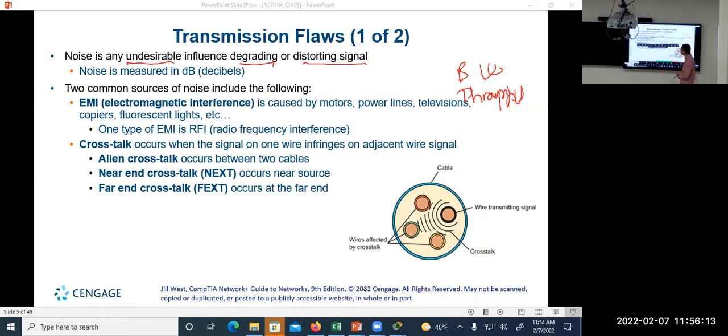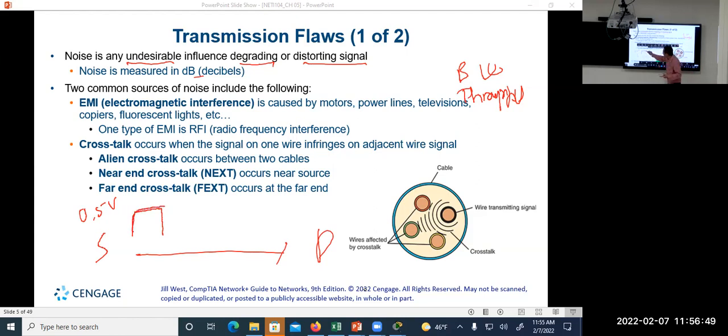Now think about this one here. Noise is measured in decibels. When you send from the source to the destination, think about you have bit number 1 here. You can think we have a voltage of 0.5 volts, and you send it from the source. If along the way you have many things, external interference like a microwave or an elevator, it distorts the signal.